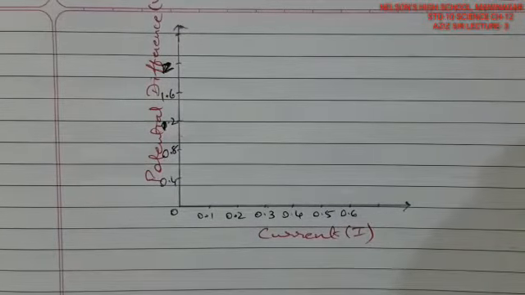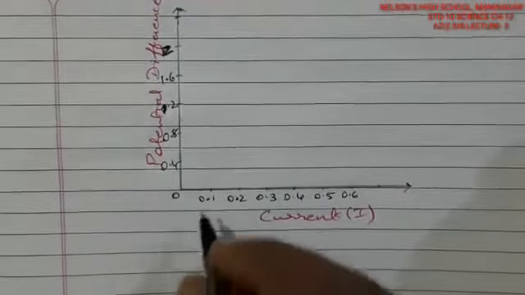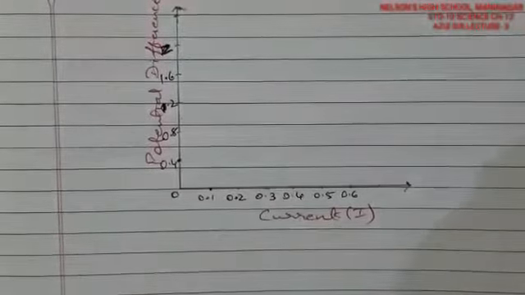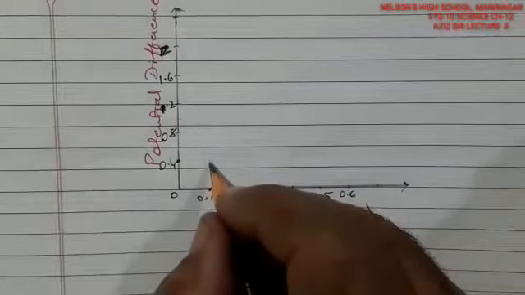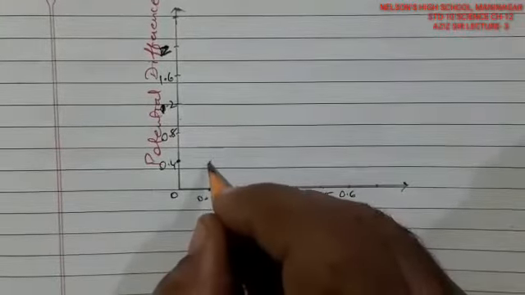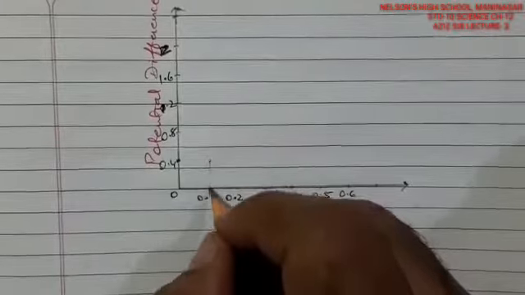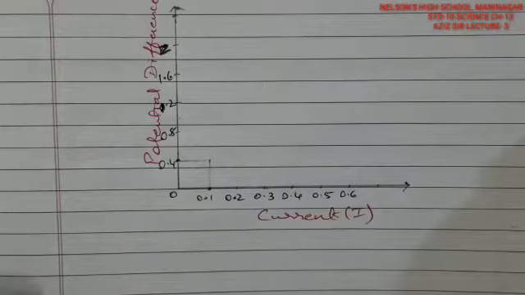Now if you see, for 0.1 the value comes out to be 0.4. So here we can mark this point, both of them, here and here. If you cross it, it gets here.